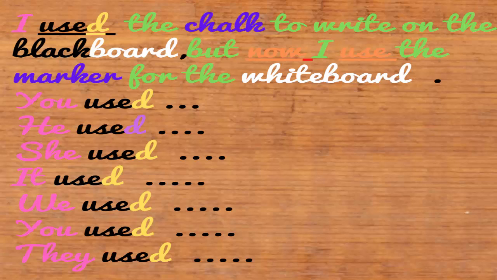You used it, he used it, she used it, it used it, we used it, you used it, they used it. So here you notice there is no change from I till they, we just add D as we said, because this verb to use is regular.